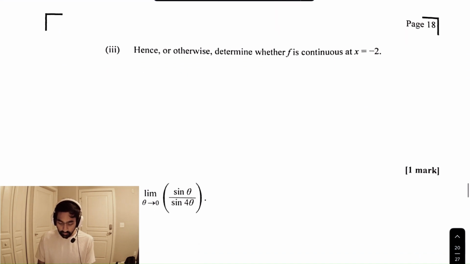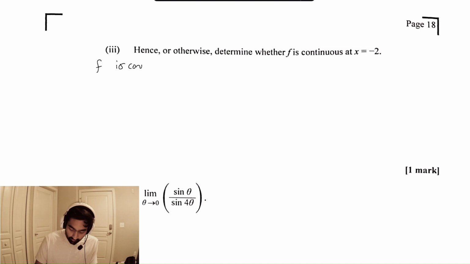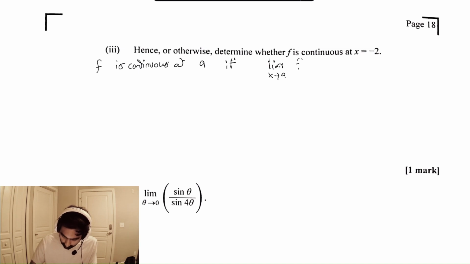Okay, next question now. Let's determine whether f is continuous at x equals -2. To remind you, what does it mean for a function to be continuous? f is continuous at a point a if the limit as x approaches a of f of x equals f of a.